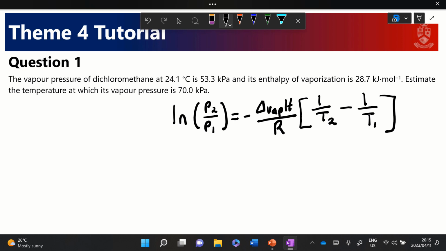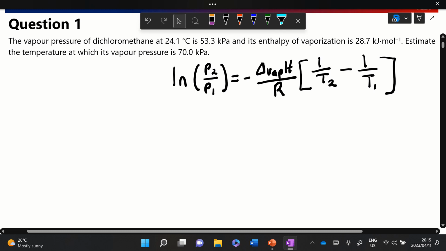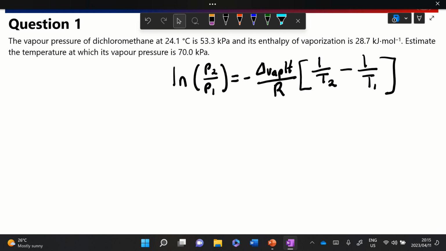Okay, so basically we just have to plug in the values, so we can go through that. Looking at this, we just have to ensure that we keep the units the same. We're given both pressure values in kilopascals, so we can keep that the same because we're dividing them with each other.